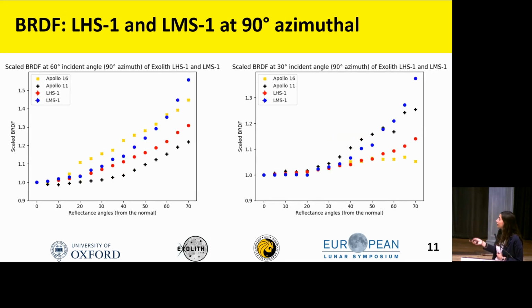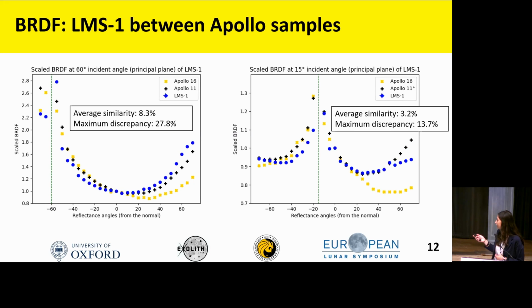So this is at the 90 degree azimuthal angle, and you can see kind of the same trend. It is more interesting to look at LMS1 in comparison to Apollo samples, and what we can see is that it does quite well. We've done 60, 15, and there should be in the middle 30 degrees incidence angle.